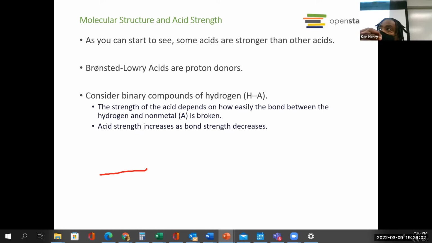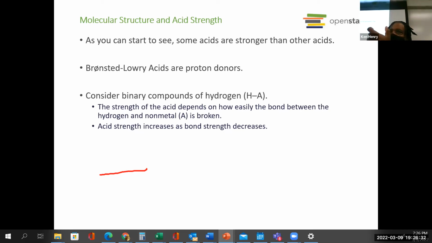So if we think about it, the breaking down of the hydrogen and non-metal bond, the easier it is to do, the stronger the acids are going to be, right? So acid strength increases as bond strength decreases.